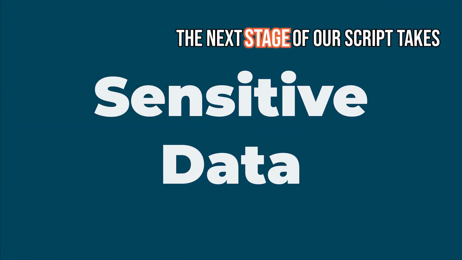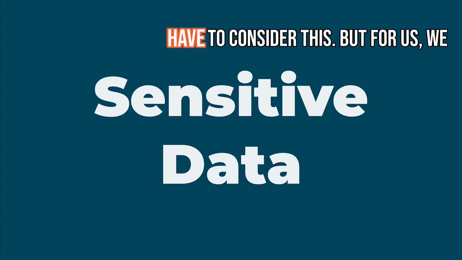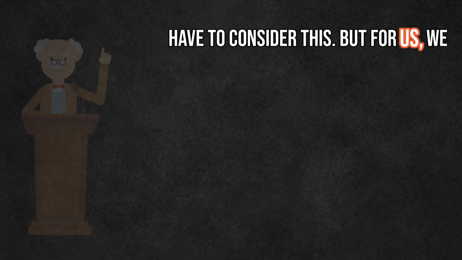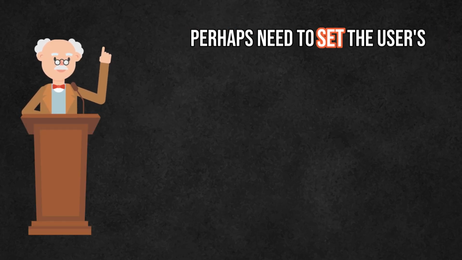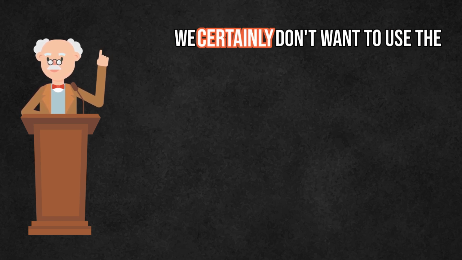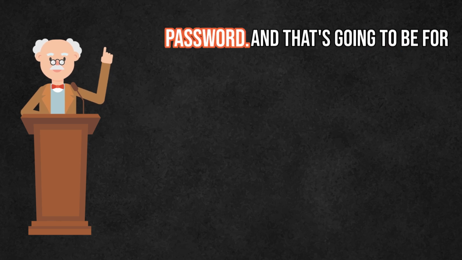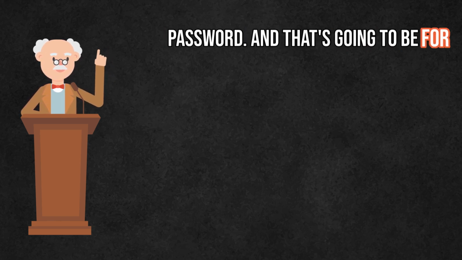The next stage of our script takes us into dealing with sensitive data. Now, of course, we're always going to have to consider this, but for us, we perhaps need to set the user's password when we create the user. We certainly don't want to use the passwd command because we're going to be prompted for the password twice, and that's going to be for every user.